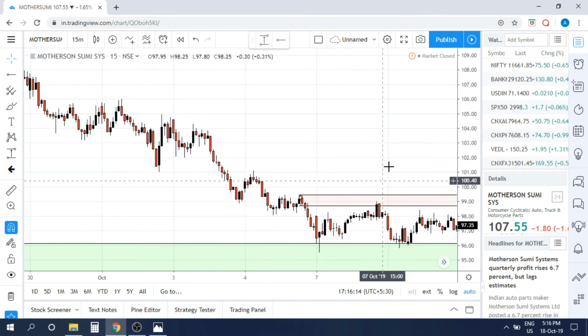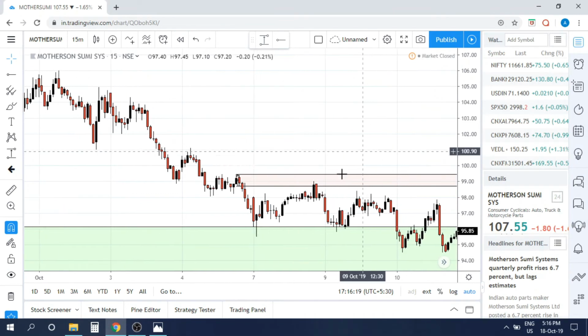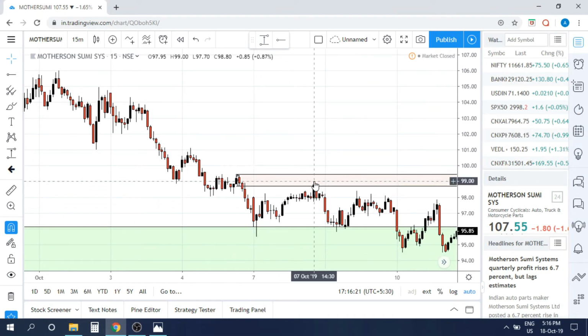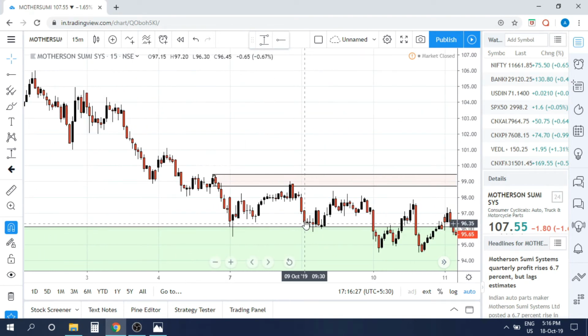It did not, right? It went up till here and then dropped.